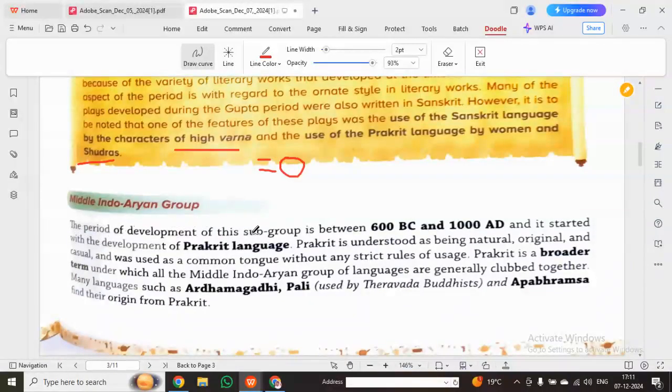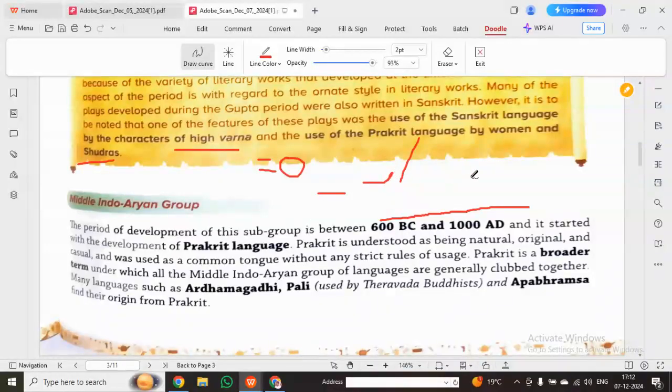Middle Indo-Aryan language. The period of development of a subgroup. This is a subgroup of Indo-Aryan language that comes under 600 BC to 2000 AD, and it started with the development of Prakrit language. Now Prakrit language is starting to develop. It is there, but it is not developed too much. Prakrit is understood as being natural, original, and casual, and was used as a common tongue without any strict rules of usage.